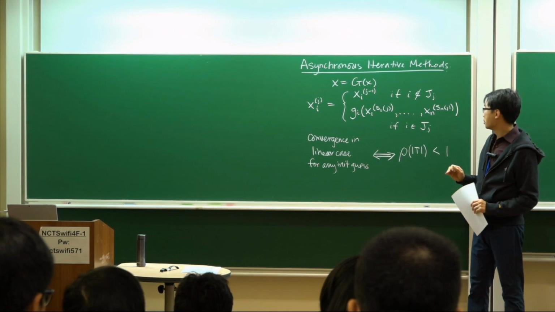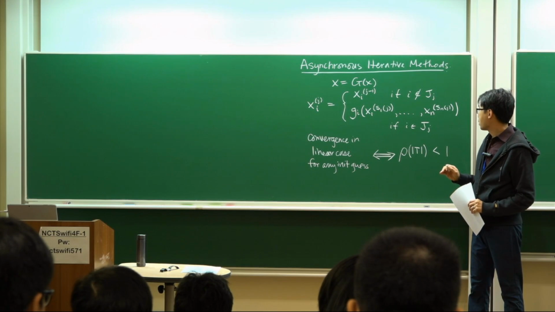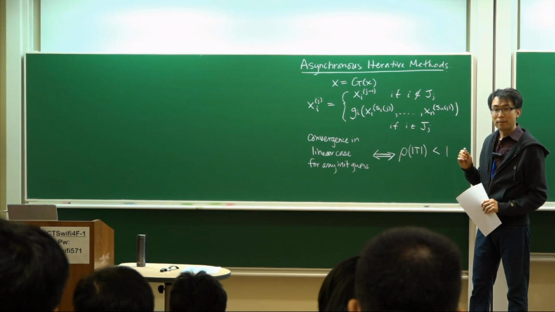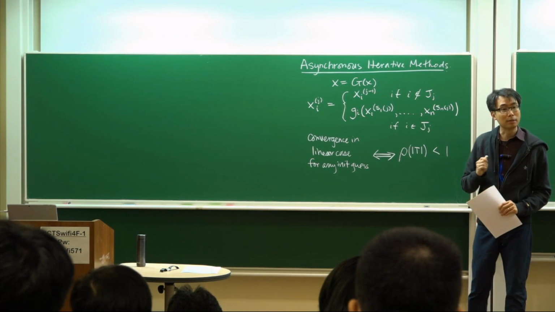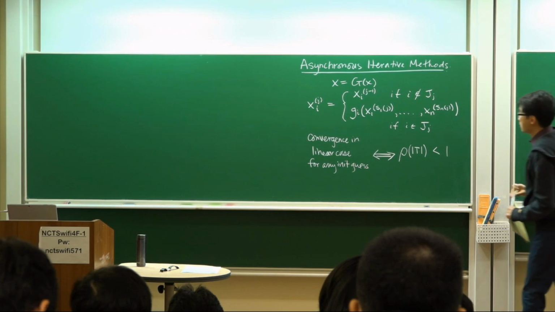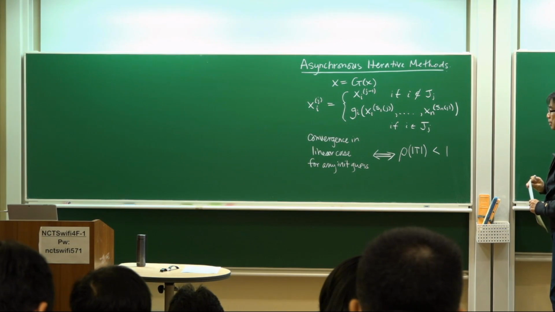It is possible that the spectral radius is greater than 1, but we still get convergence, but we can't get convergence for every possible initial guess. So that's a question that we'll explore, I think, in today's exercise.